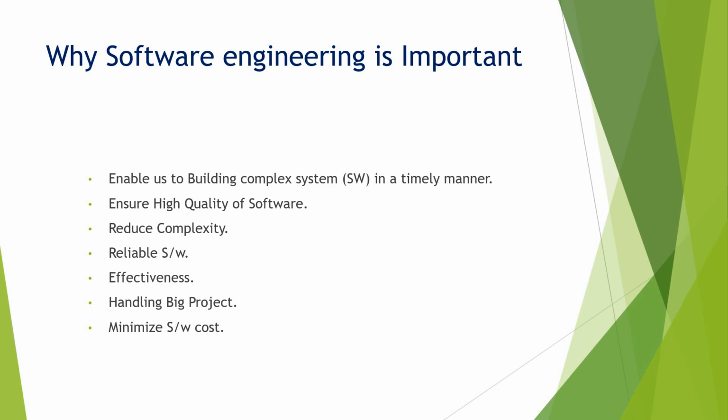Now, the most important question is, why is software engineering important? It ensures high quality of software and enables us to build complex system software in a timely manner, and reduces complexity, improves reliability and software effectiveness, handles big projects, and minimizes software cost. That's why we need software engineering.